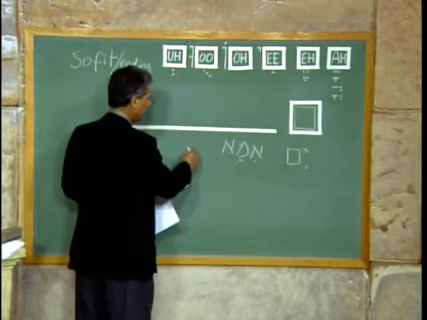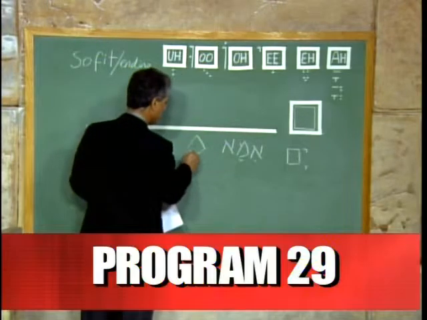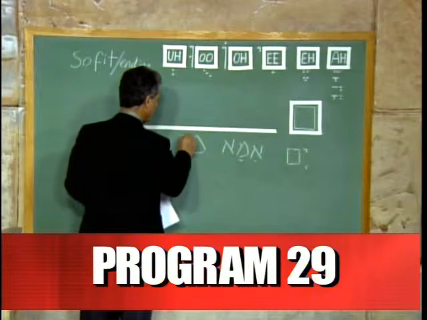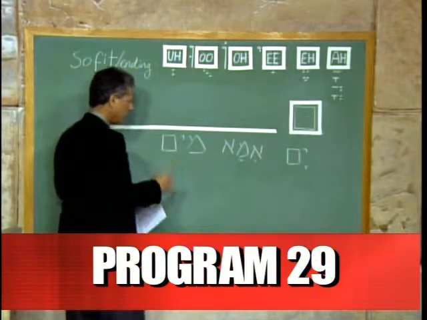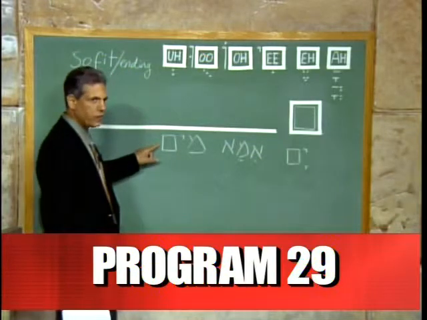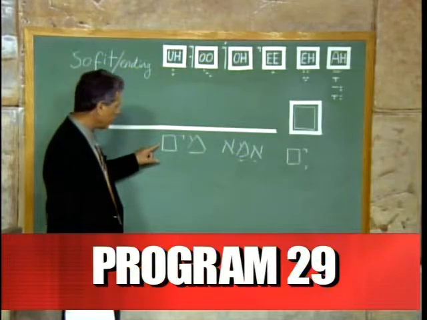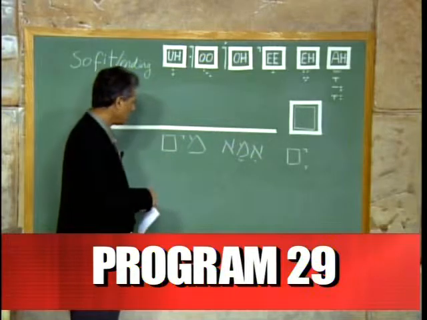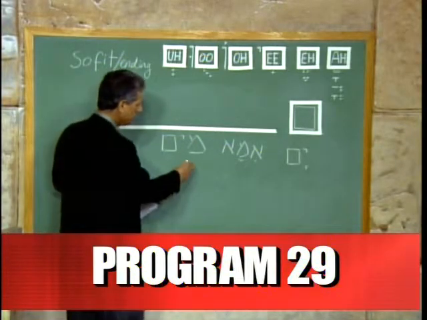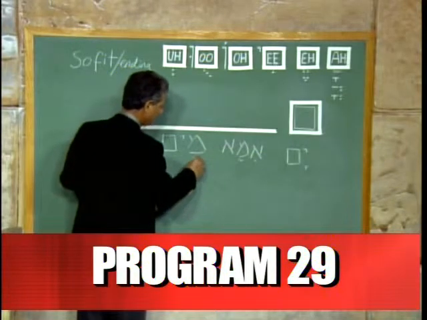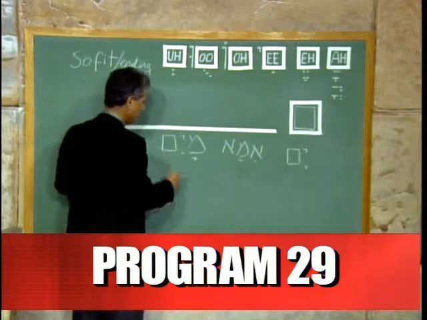This is an interesting word. Here is a mem, a yud, and another mem. Now, because that second mem falls at the end of the word, it's a mem sofit. We have to use the mem sofit. Here are the vowels. You have an ah sound and an e sound.